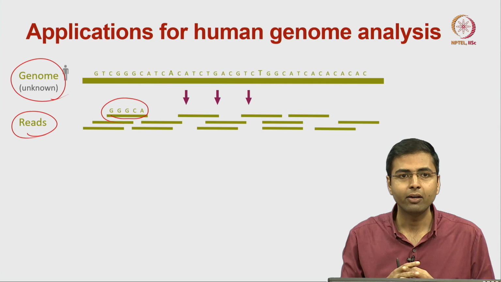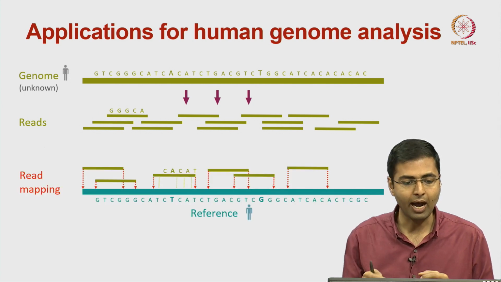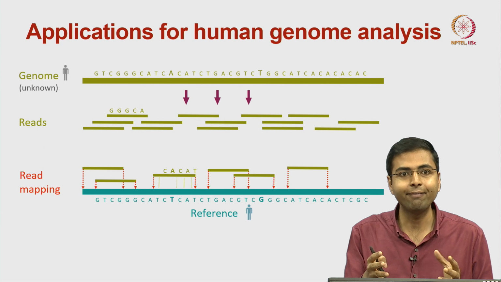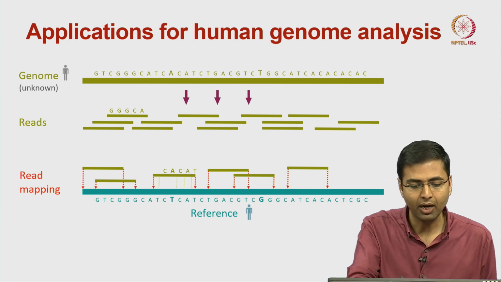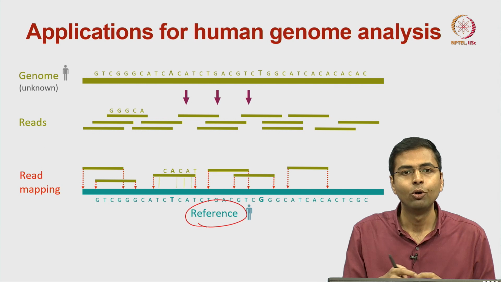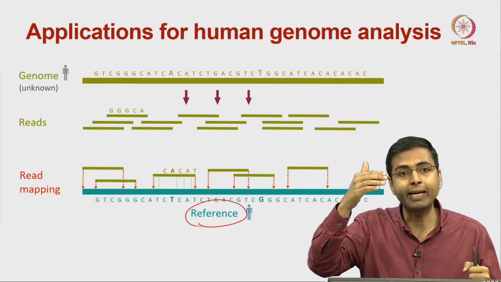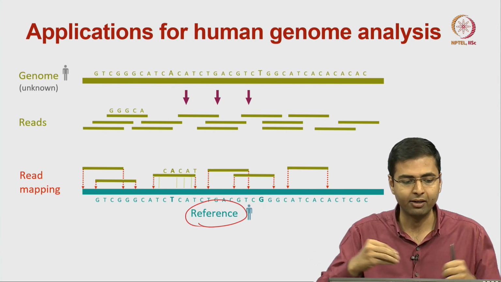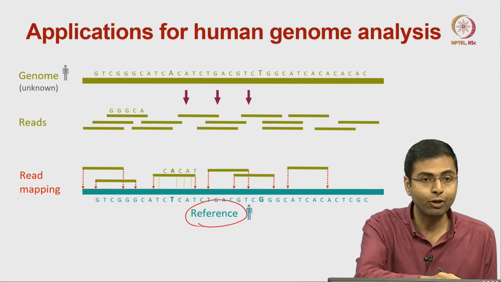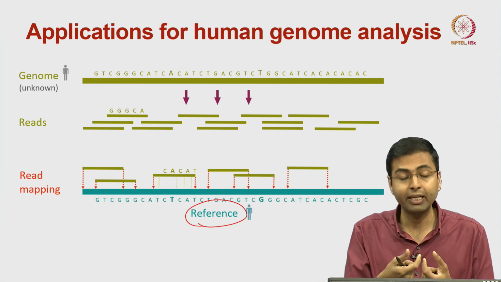Now, one way to analyze the genome sequence is to take all these fragments and do pattern matching of these fragments to a reference template. So, we would take a reference template and pattern match all these fragments on that reference template. This is referred to as read mapping, where we are mapping all these reads to the reference genome.